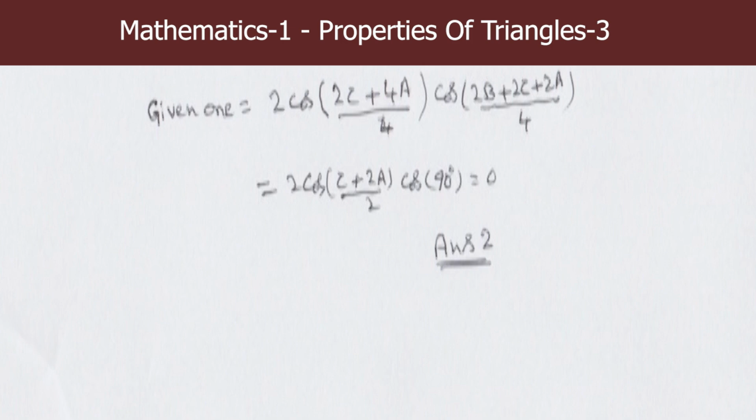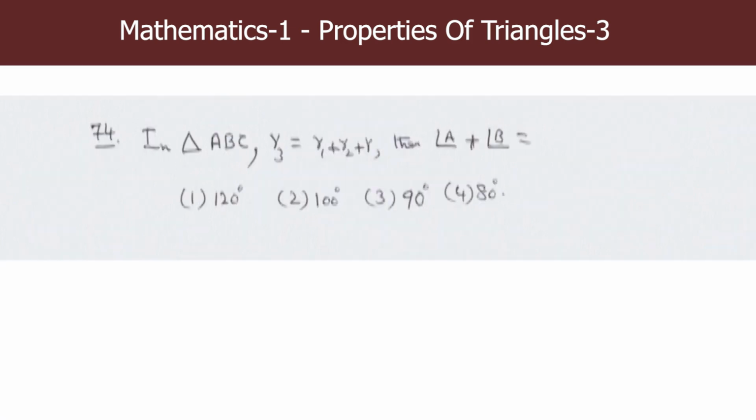Because in triangle ABC, A plus B plus C is equal to 180 degrees. So this is again 2 cos (C plus 2A)/2 into cos 90 degrees. This is cos 90 because (2B plus 2C plus 2A)/4 means 360/4, which is 90 degrees. So the answer is 0. So the correct option is 2.